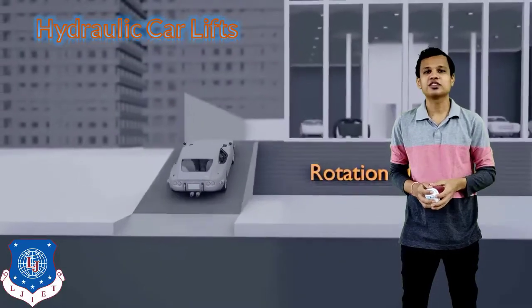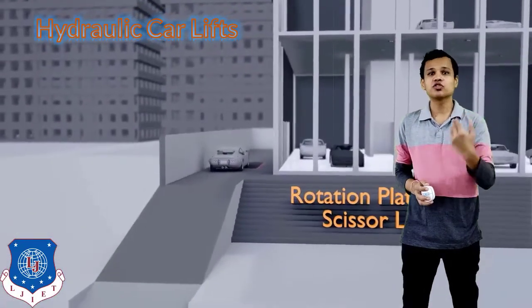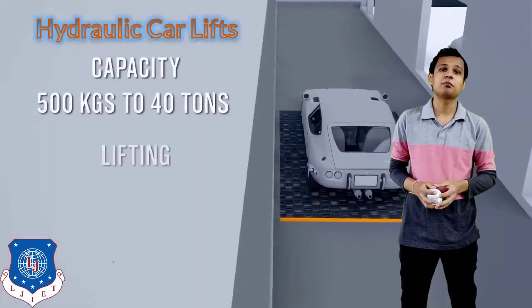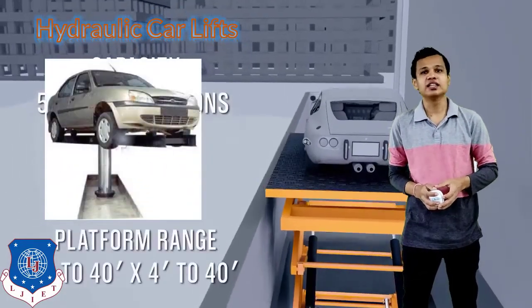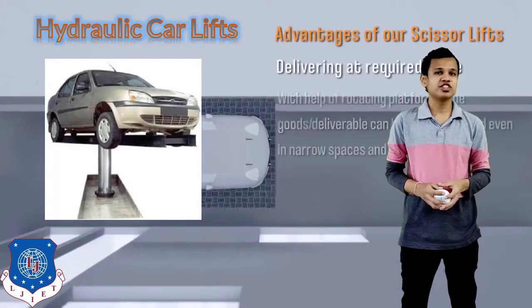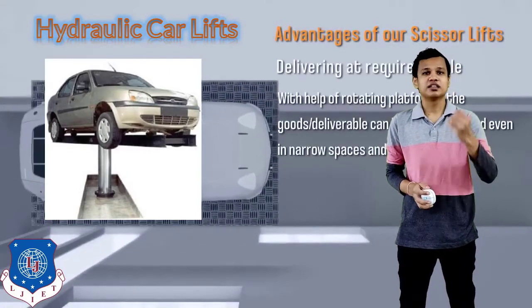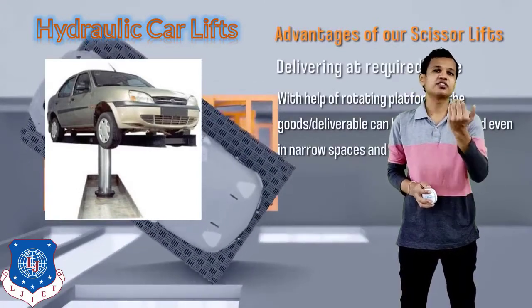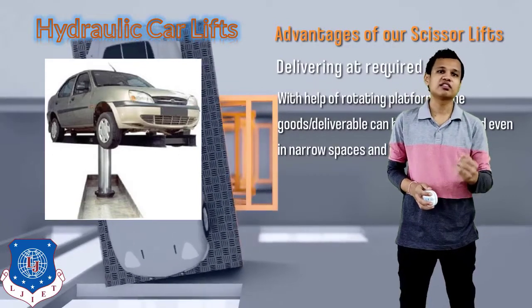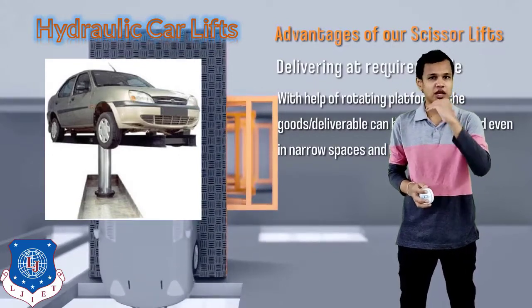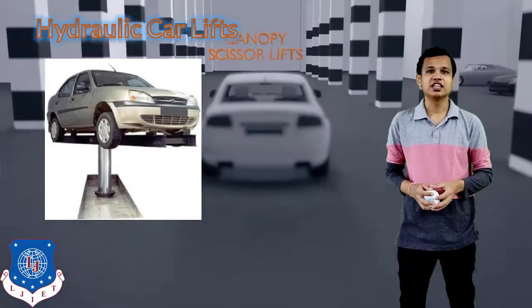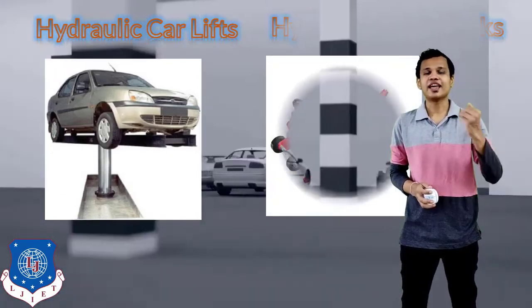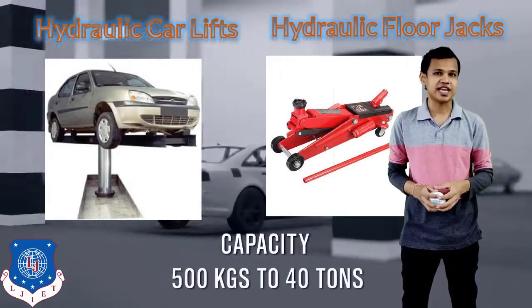Also the lift with a rotational platform is provided. The normal lift which you can see in the figure generally lifts the car whenever we need to do the inspection of the underbody of the car. The second thing is the hydraulic floor jacks.